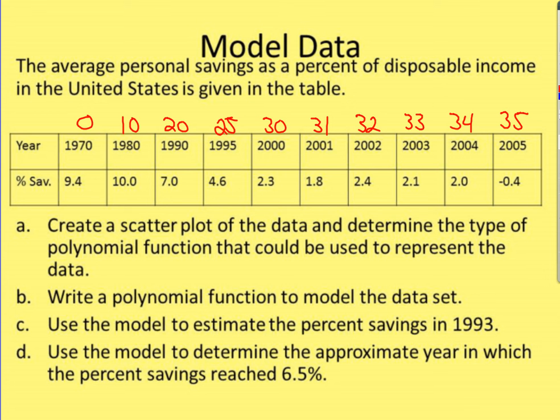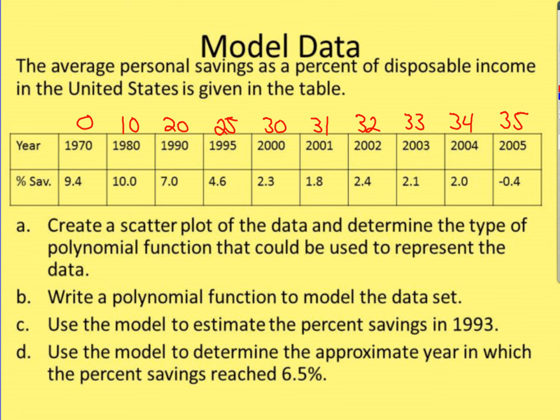You're going to select the first plot, make sure it's turned on, make sure it's on scatter plot, make sure your X list is L1 and your Y list is L2. Once this is done, you can hit Zoom and select ZoomStat, which is number 9. So it's going to change your window to fit your statistics.